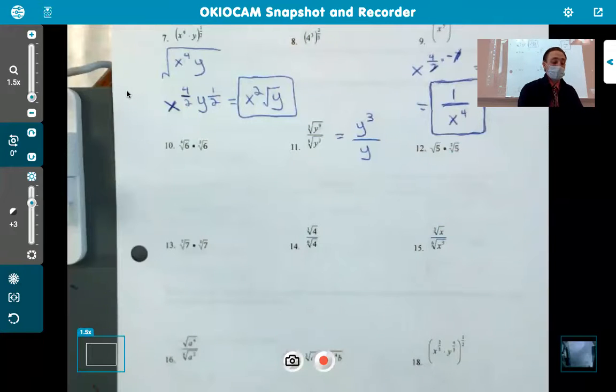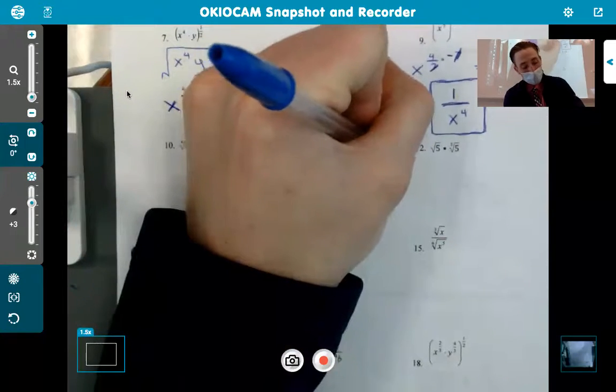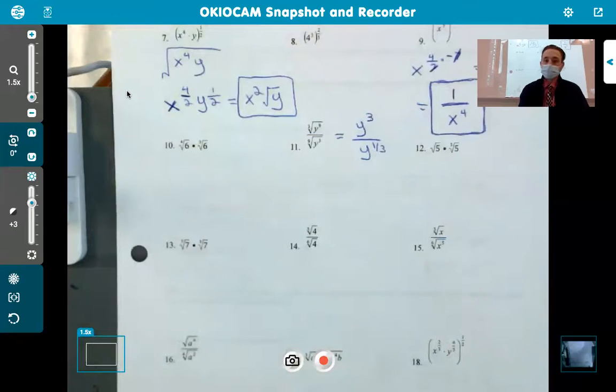Well, if that's the case, what should be the exponent in the denominator? 3 over 9, or just 1/3, right? Does everybody see how we got each of those values there?